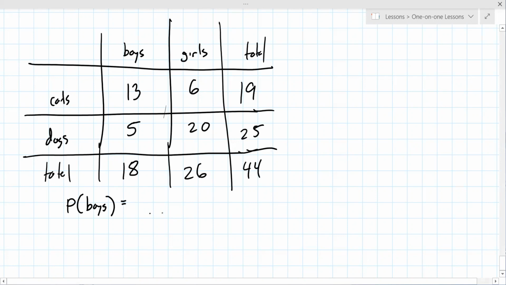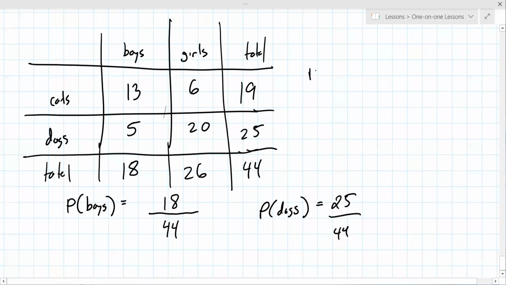So how many boys are there? 18. Out of how many total? 44. So what's the probability of dogs? How many dogs are there? 25. Out of? 44.